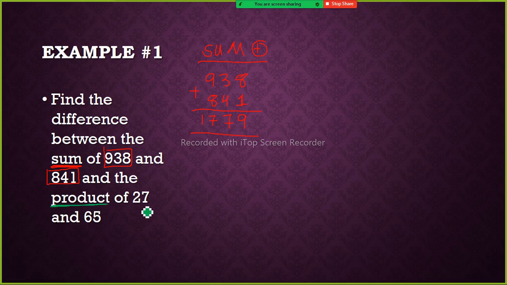Next, we need to find the product. Now when we hear product, Jasmine, what do we have to do?